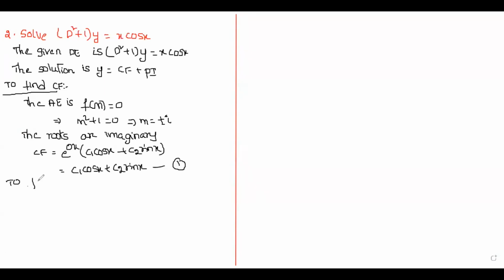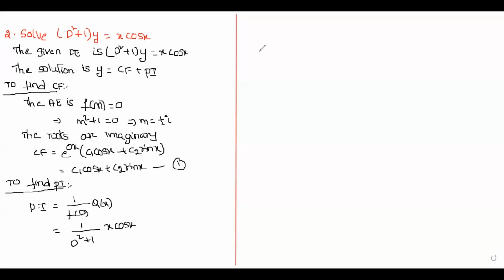Next, to find the particular integral. The particular integral is equal to 1 by f of d into Q of x, which is equal to 1 by (d square plus 1) into x cos x.